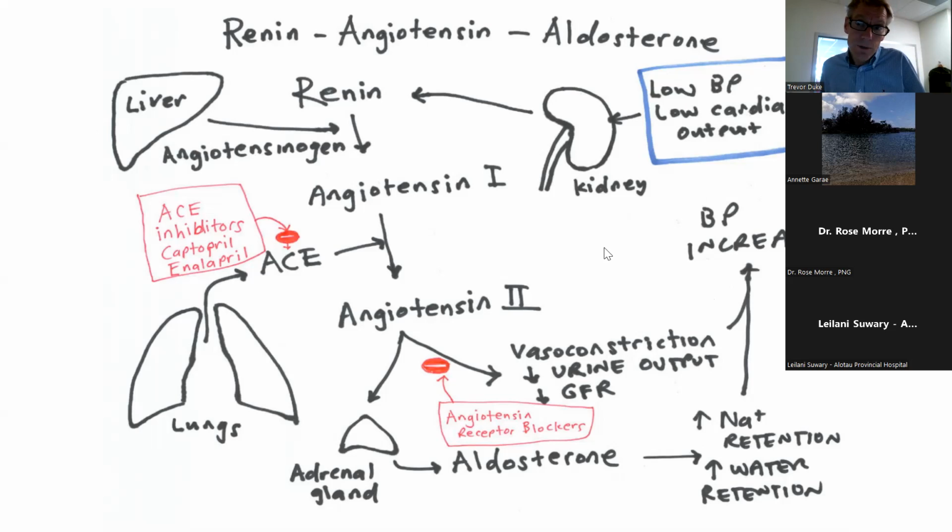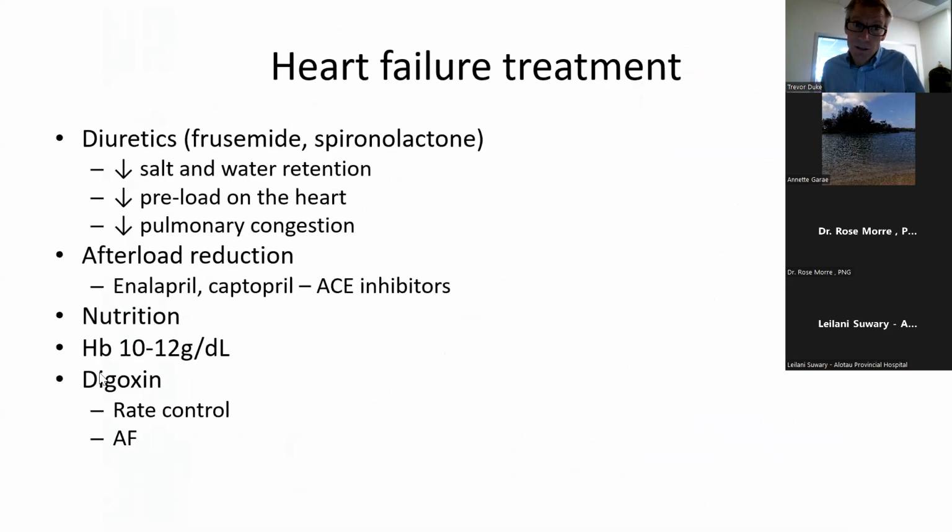So the treatment of heart failure, a lot of it involves reversing these pathophysiological changes: trying to reverse the excessive retention of water, the excessive retention of salt, the excessive vasoconstriction. They're all part of the treatment of heart failure. And so we give diuretics, for example, furosemide or spironolactone, to reduce salt and water retention.